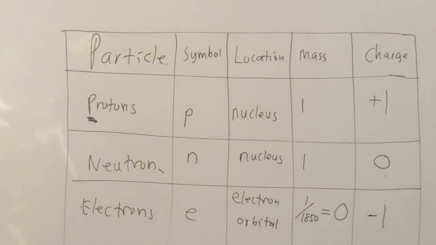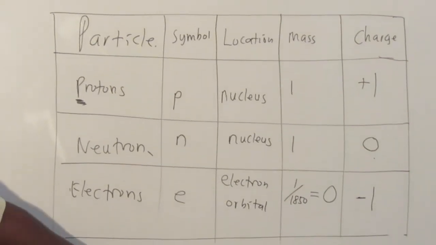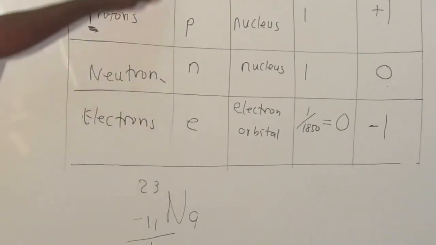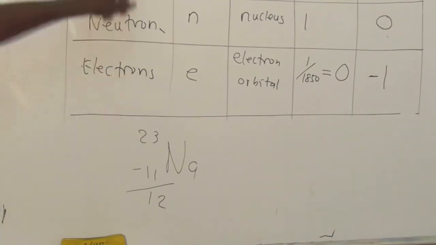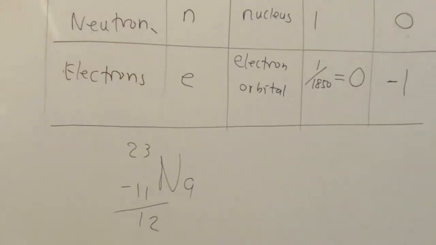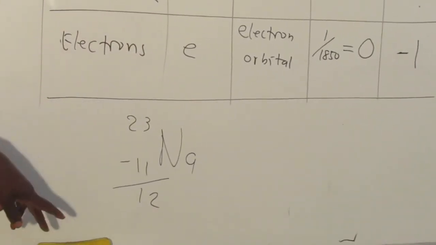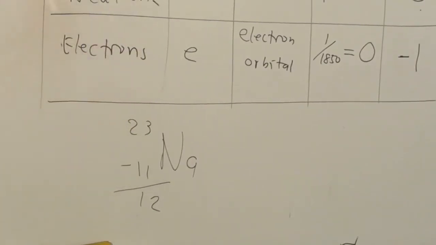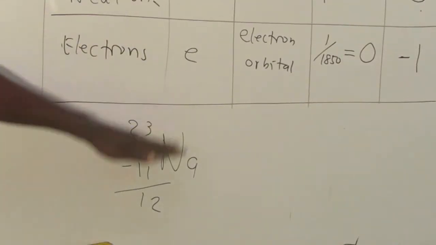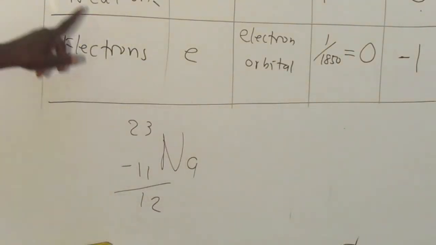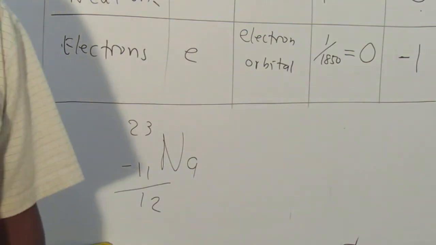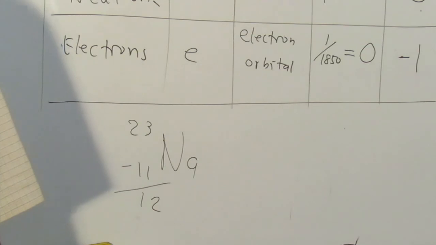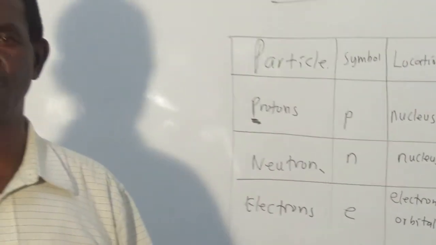Then in this one, it will tell you that the symbol for sodium is Na. Now, what is 23? It simply means you are going to add the protons and the neutrons, and the number of protons that are there is 11. And when you subtract, the 12 comes to the neutron. This one will be very, very helpful when we move on to the second unit, which is called stoichiometry.